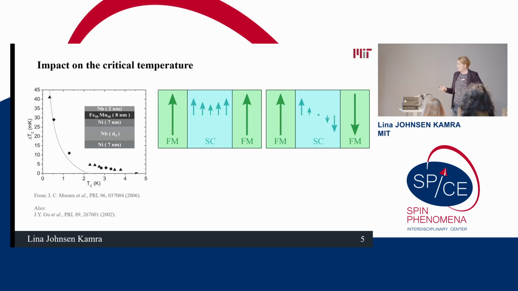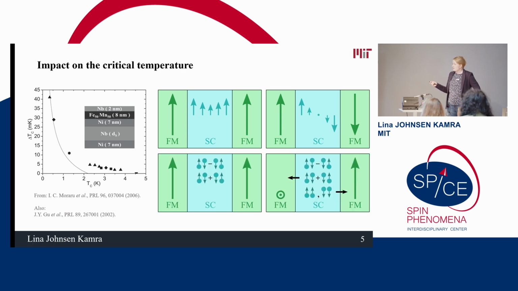Another important concept in these superconducting structures is if we put the superconductor between two ferromagnets, and then consider either parallel alignment or anti-parallel alignment. In the case of parallel alignment, the spin splitting induced inside the superconductor is much stronger than if we have an anti-parallel alignment, where the spin splitting field cancels out.